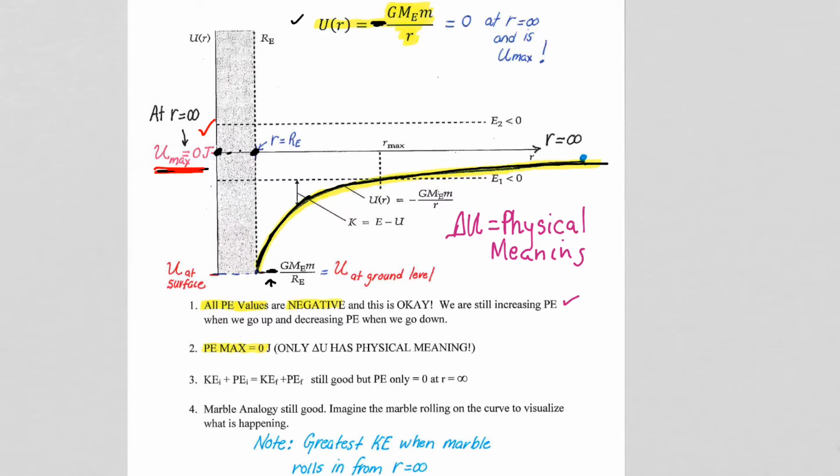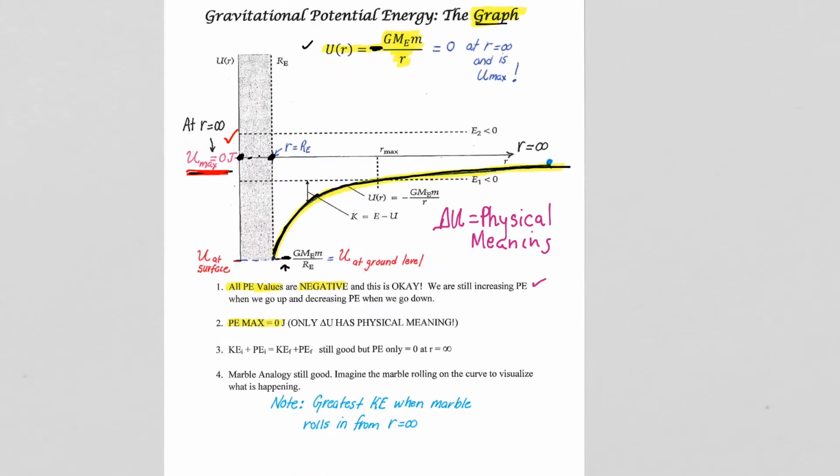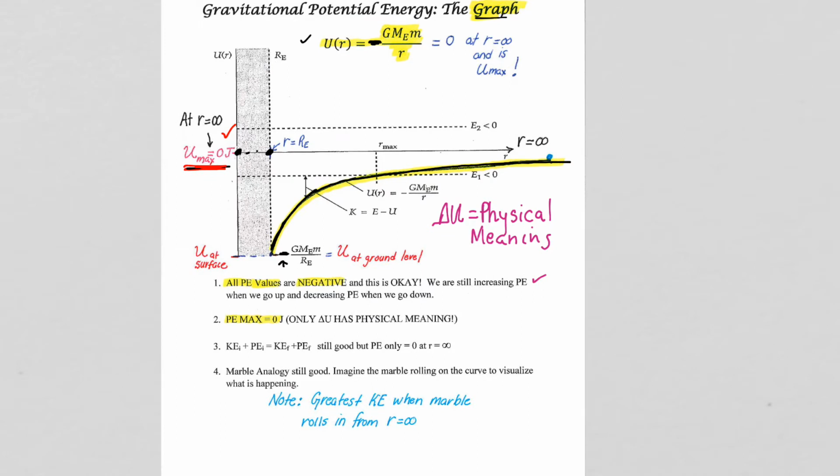And as it says here, kinetic plus potential equals kinetic plus potential, still good. Our marble analogy, still good. So there's a lot that's nice here in that the basic structure we've put in place to understand the potential energy functions does not change at all. So please take a moment, pause here if you have to, annotate your notes, and we're going to look at a specific example of utilizing our new potential energy function.